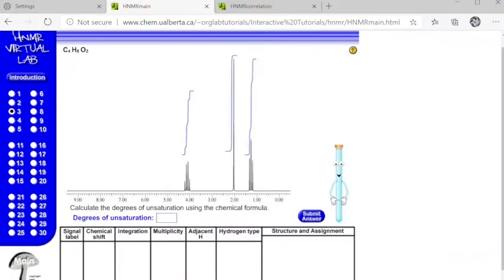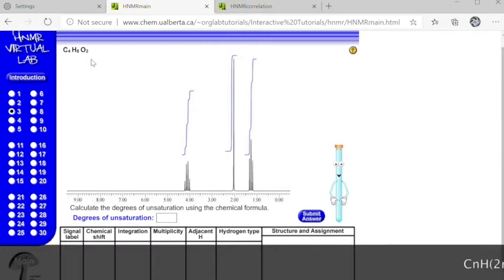And so the first one says the degrees of unsaturation. So you're going to look at the formula in the upper left-hand corner, and you've got C4H8O2. When you do your degrees of unsaturation, remember you're going to do CnH2n plus 2, and you're going to ignore the oxygens.